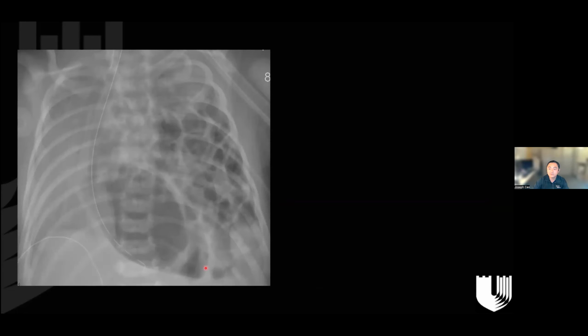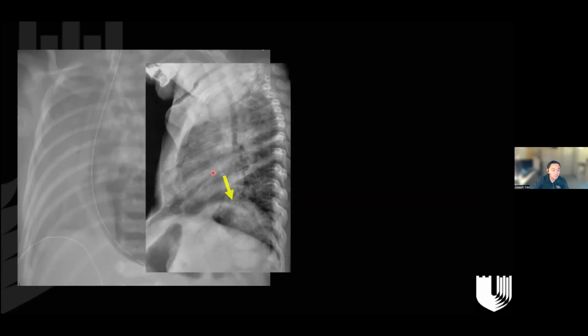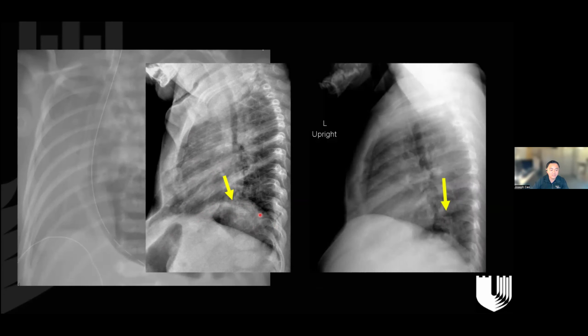Similarly here, this is a good example of a large left-sided CDH repair. On some images, this patient has this eventration with some air underneath it, concerning for possible breakdown. However, on multiple series of images, you see that this is dynamic and moves with changes in intrathoracic pressure.